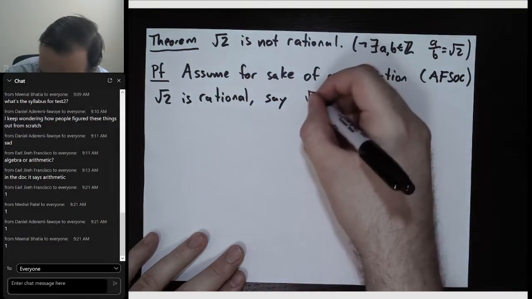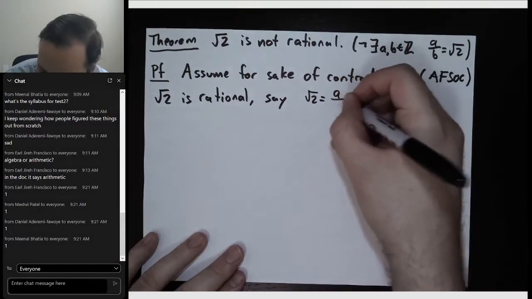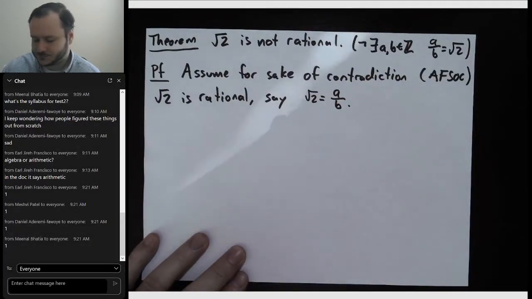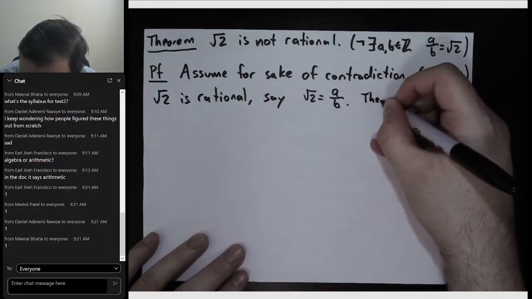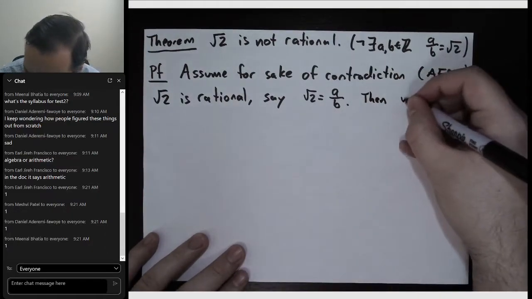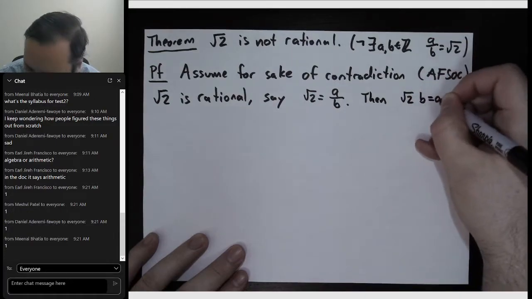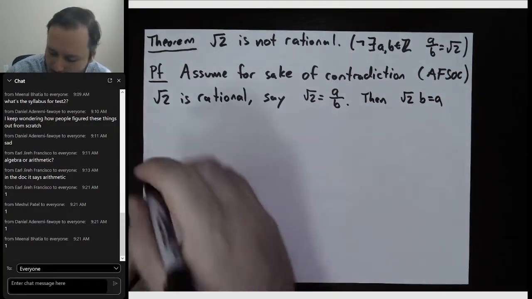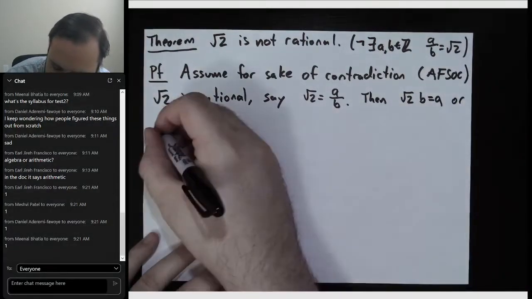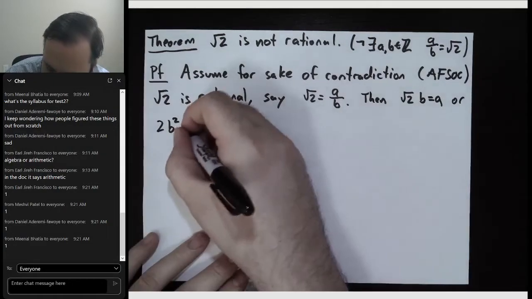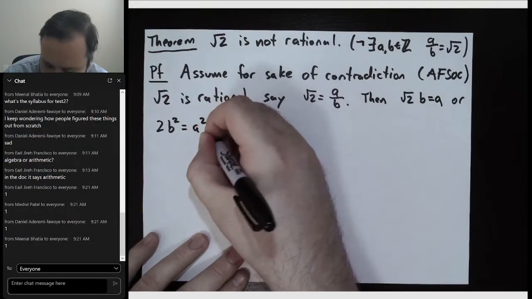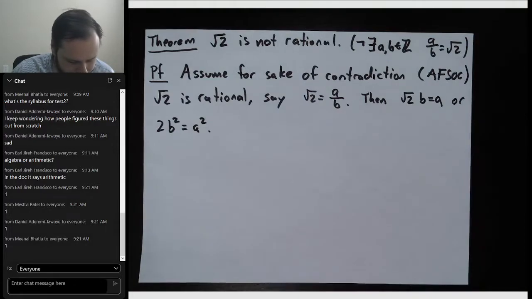Say square root of 2 is equal to a divided by b. Okay. Then square root of 2 times b is equal to a. Or I can square both sides. 2 times b squared is equal to a squared. Okay.